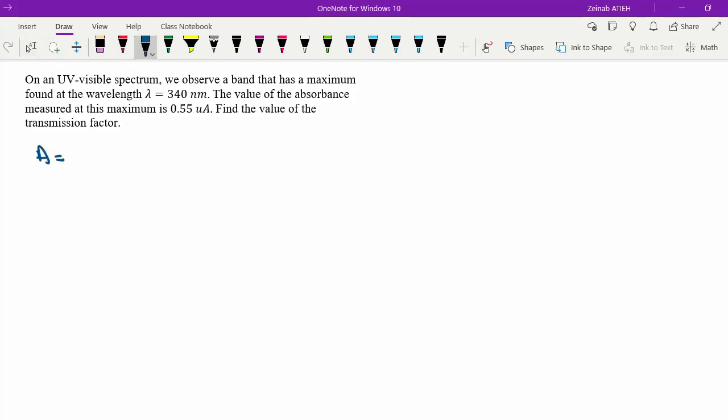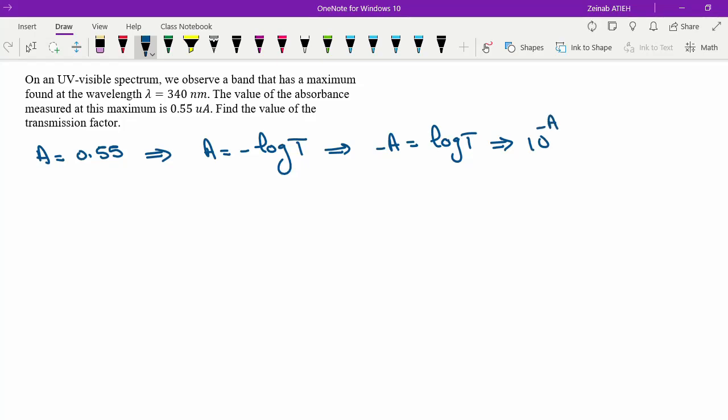A is equal to 0.55, and we have figured out in the previous problem that A equals minus log T. It can be written as minus A equals log T, which is 10 to the power minus A equals 10 to the power log T equals T, and we arrive at the formula T equals 10 to the power minus A. So if we have A, we can find T, and if we have T, we can find A. So let's use this formula.